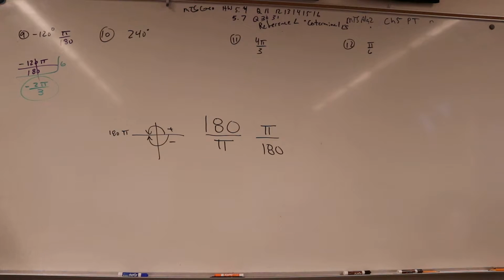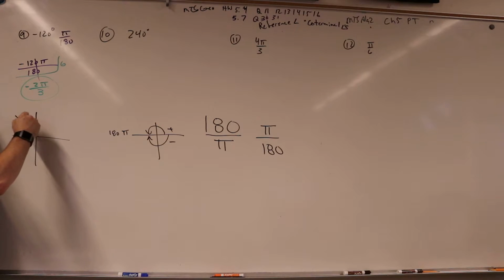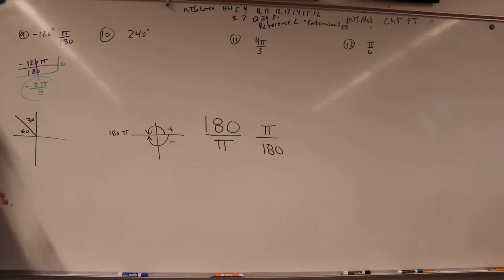You can also think about it as 180 minus 120. Well, that's 30 past 90, which leaves me 60. That's all you do.